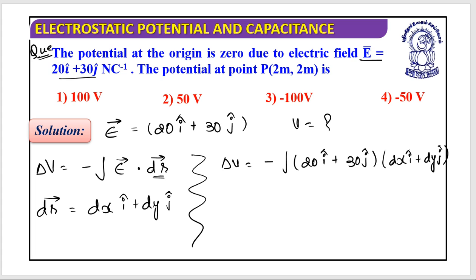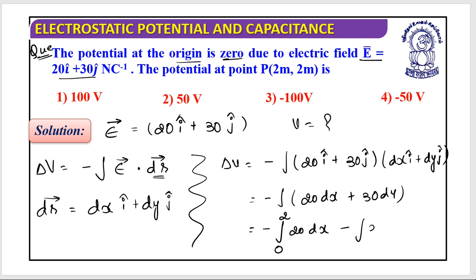If I perform the dot product, it should be minus of 20 dx plus 30 dy, and I need to integrate this. As they said, potential at origin is zero, so this is from 0 to 2, minus of 30 dy from 0.